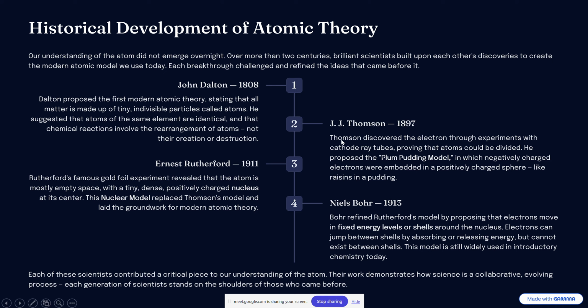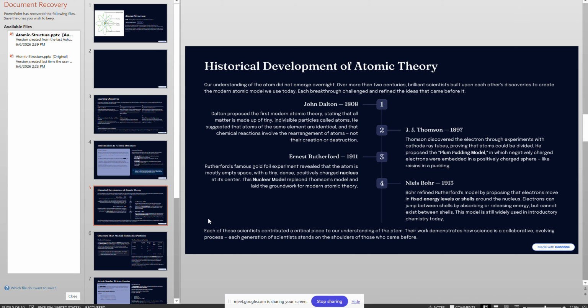So you must be able to compare the differences between J.J. Thomson's model and Ernest Rutherford's model. You must know what modification Rutherford made that made a significant difference from J.J. Thomson's model.